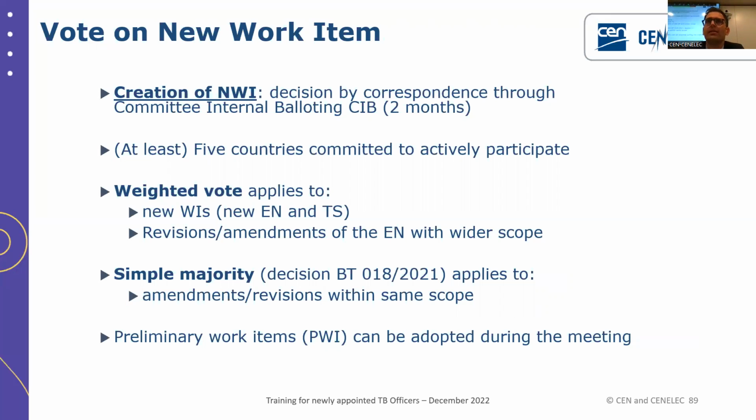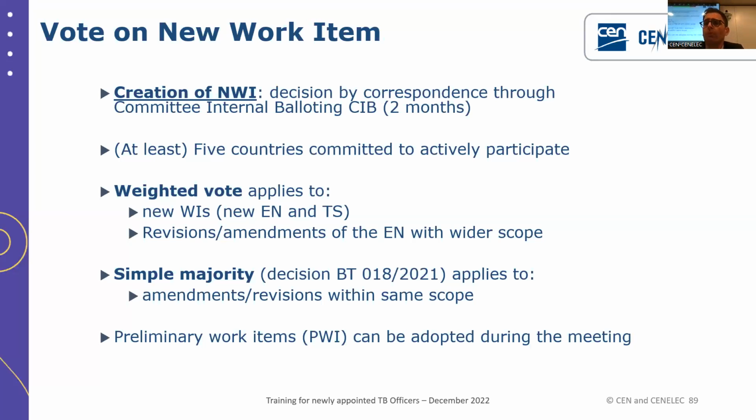So this means that it is not possible to be, for example, in a TC plenary meeting and decide to create a work item. This is not possible. These always have to be done by correspondence. And if you think about it, it's quite logical, because in the plenary meeting you might have some national delegations missing. If you do it via CIB, you know that you will reach all the NSBs.